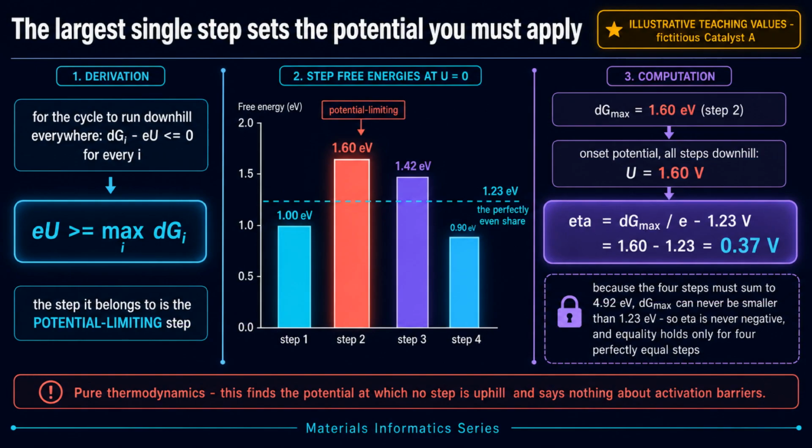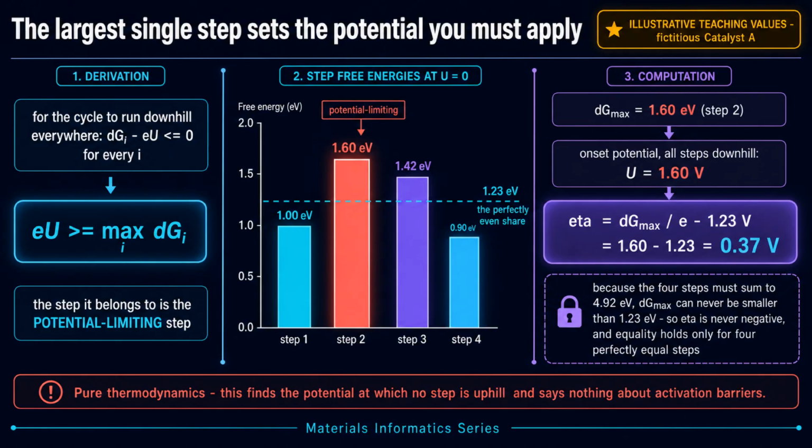For the cycle to run downhill everywhere, every step must be non-positive after the shift, so the applied potential must be at least the largest step. The largest single step, therefore, sets the potential you must apply, and the step it belongs to is the potential limiting step. For our illustrative catalyst A, the largest step is 1.60 electron volts, at step 2.